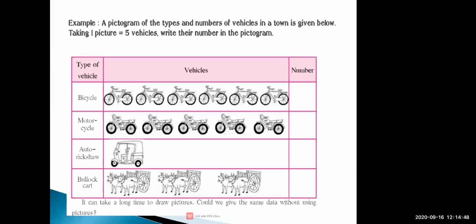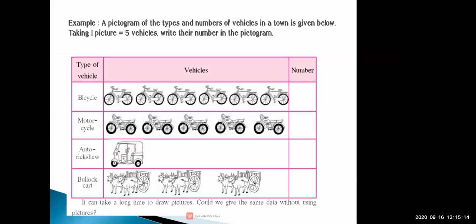The same type we are going to learn first, the pictograph and then the bar graph. Here every picture is taken as one picture equal to 5 vehicles. Here, one picture is how many vehicles? 5 vehicles. So write the numbers in the pictograph.